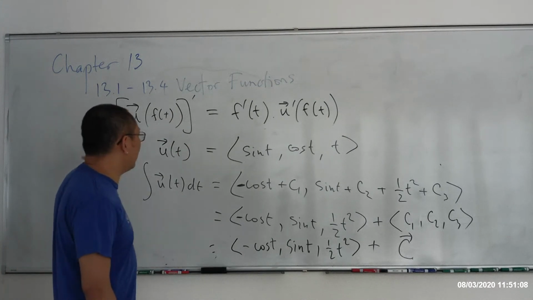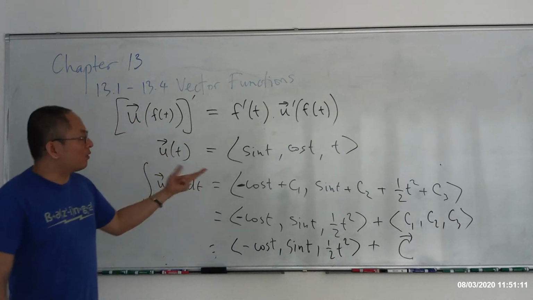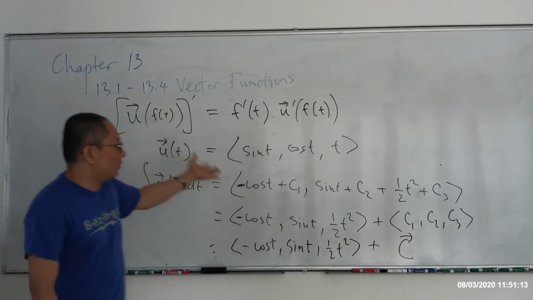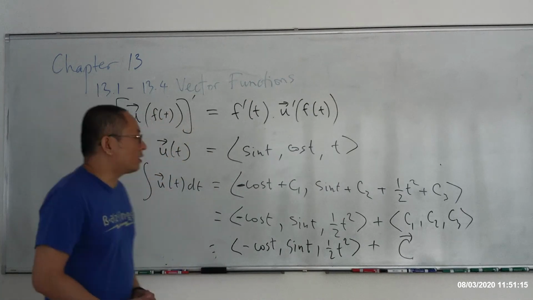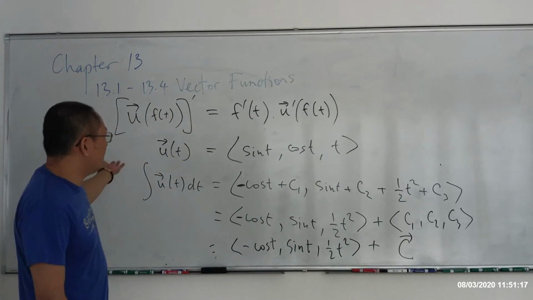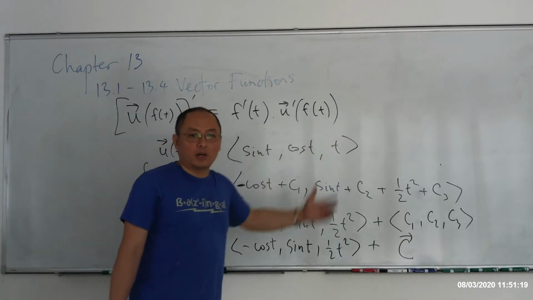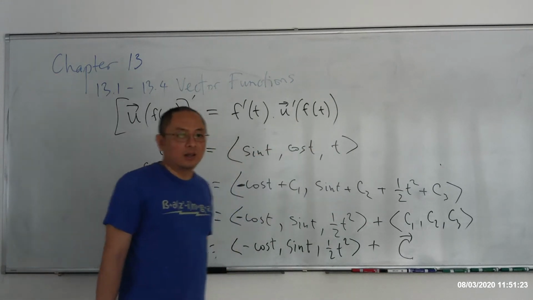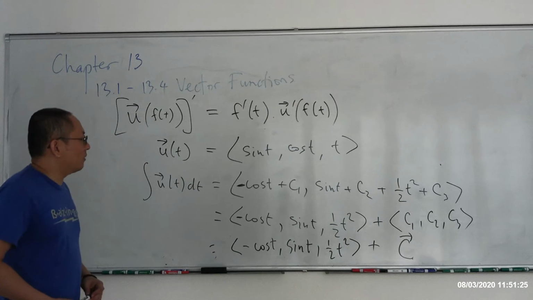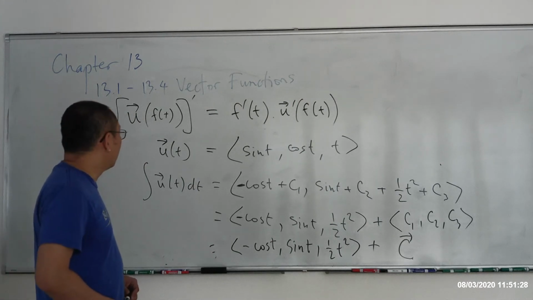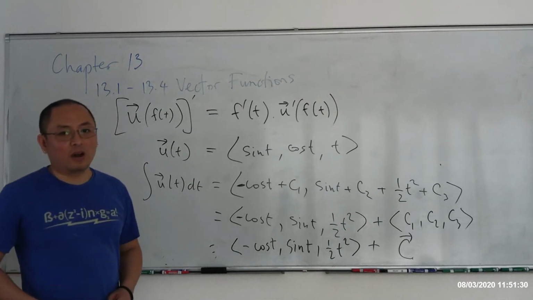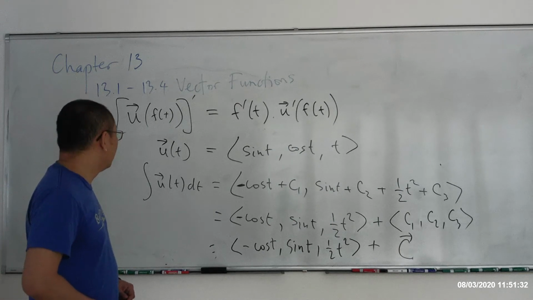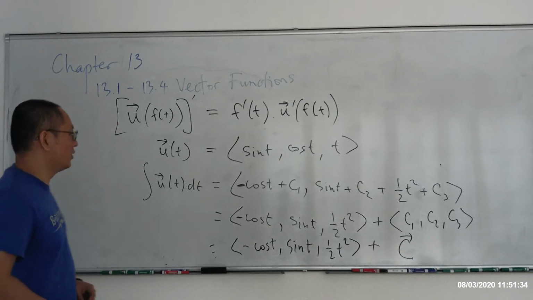So whatever you do with the vector, say take the derivative or do the integral, you apply all the work to each component. You take the derivative of the whole function, you take the derivative of each coordinate; you integrate the whole vector, means that you integrate each coordinate. And all the product rules and the power rules and the chain rules are going to apply. We don't divide a vector by another vector, so we don't have the quotient rule in here.